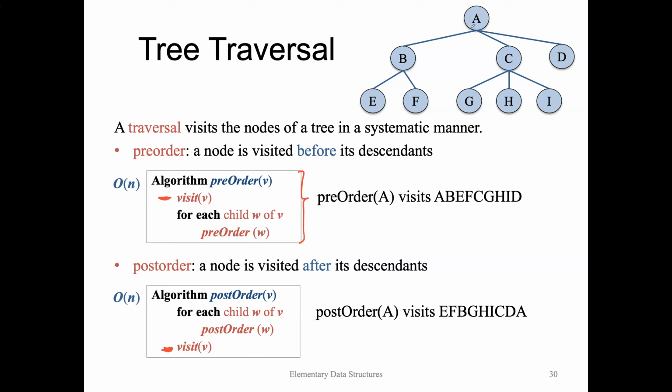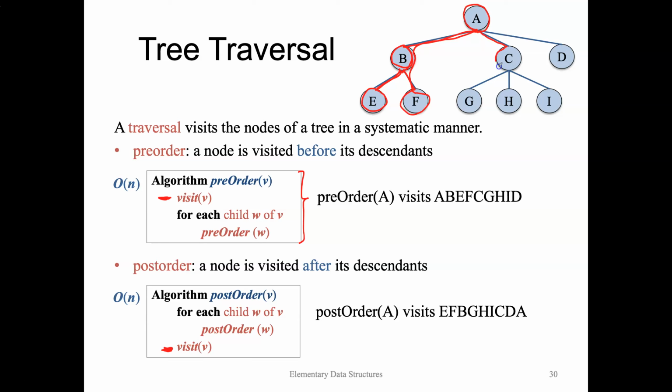So we start with A, and with pre-order traversal we visit it first, before we recur on children. So now we recur on children, we get to B, we visit it, and then we go to our children and visit them. And E has no children, so we exit that recursive call. B still has other children that it can recur on. Now we work our way back to A, which is the only one left that has children left to visit.